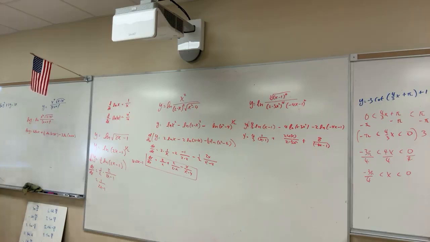Now, I'm going to do something different. I'm going to take a derivative with respect to x here. But the hard part is not the one on the right, because we did that all the time. The hard part is actually here. What's the derivative of natural log of y?